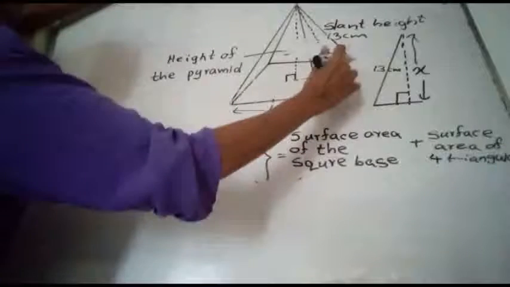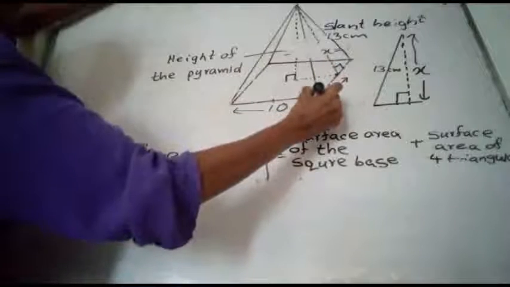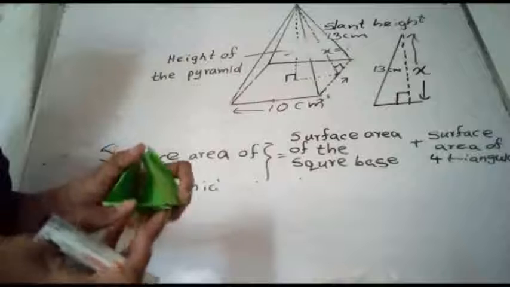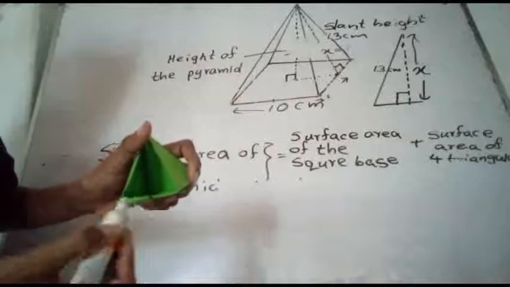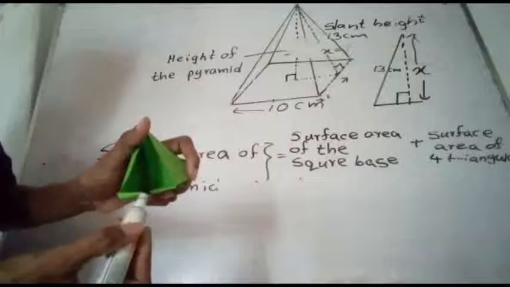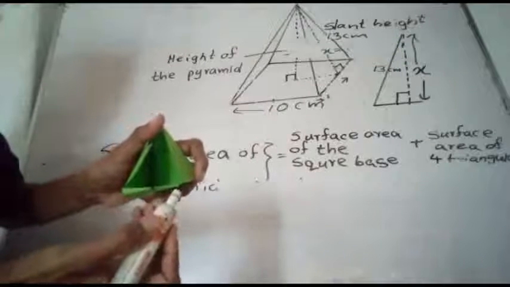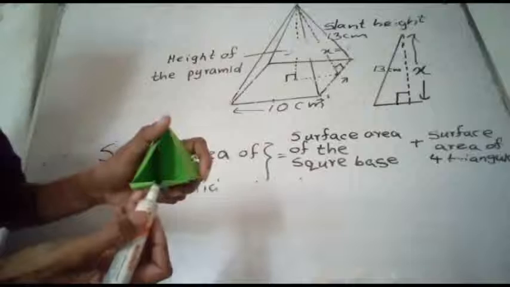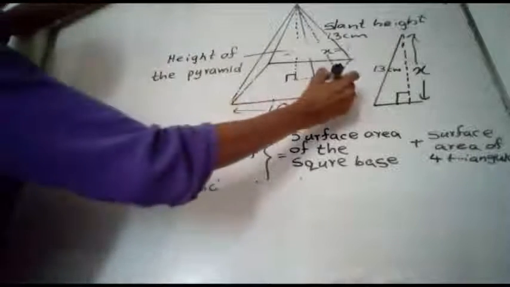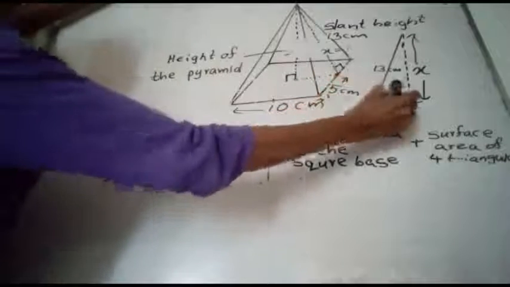The length between this vertex and the middle of this edge is half of 10, which is 5 centimeters.